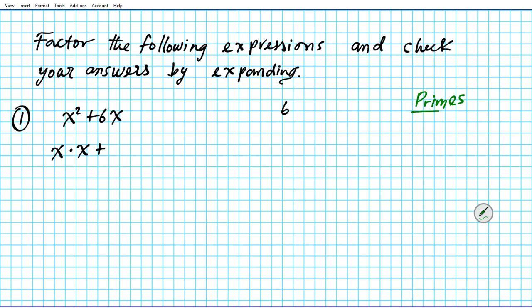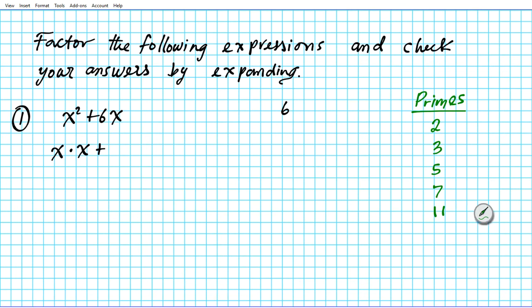Our primes are 2, 3, 5, 7. The numbers that are divisible by 1 and themselves only, those are prime numbers, okay? So 2, 3, 5, 7, 11, and the list goes on and on. So when you're decomposing numbers when factoring, you want to ensure that the product of factors are only prime numbers.